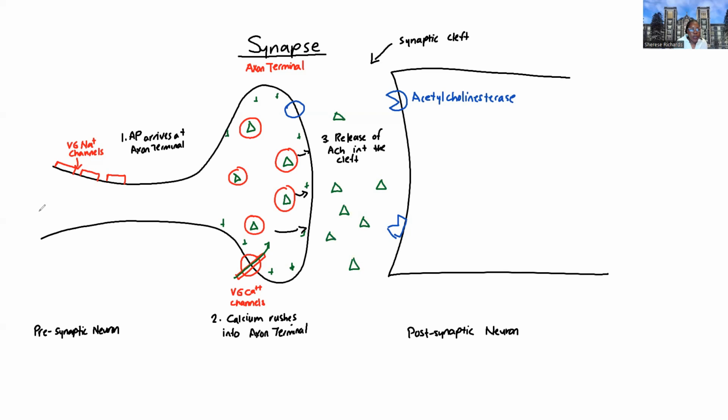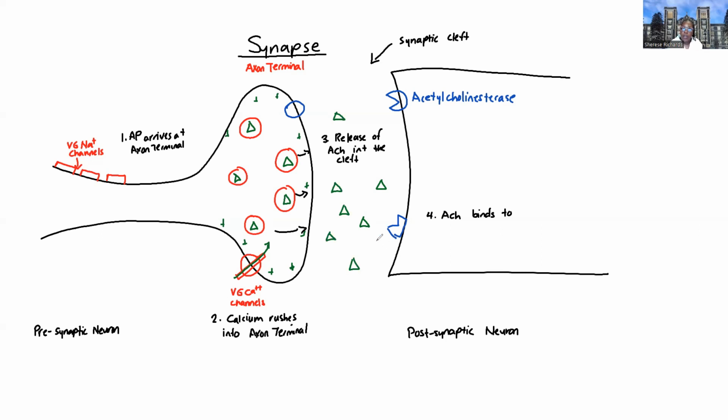Step 4 is that the neurotransmitter binds to its receptor in question. Acetylcholine, which is our neurotransmitter, binds to what is going to be a ligand-gated channel. Remember, we talked about this earlier. This is going to need to have something bind to it in order to activate it. So this is how we trigger that graded potential that we've been speaking about.